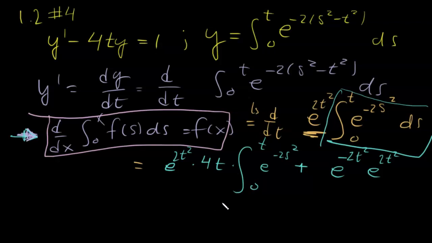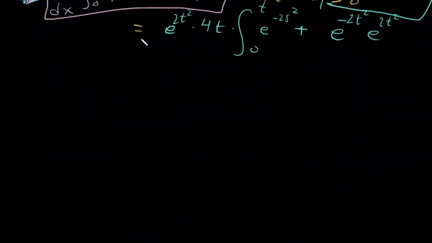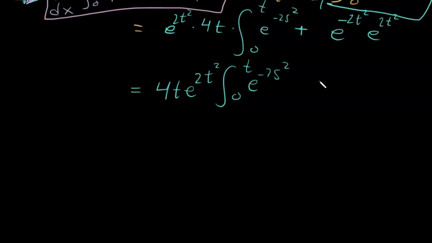So let's do a little bit of simplification here. So this gives us, I guess we can write 4t e to the 2t squared integral from 0 to t e to the negative 2s squared plus 1.